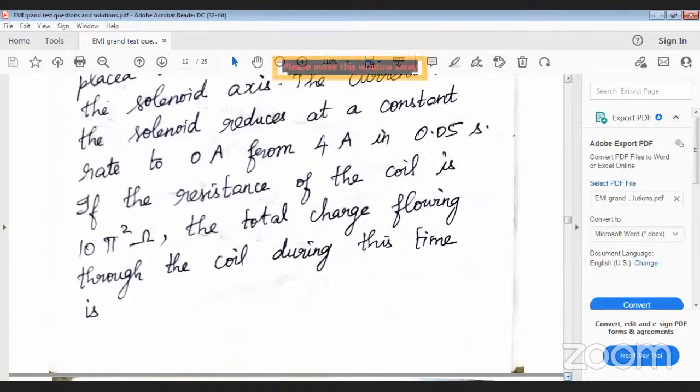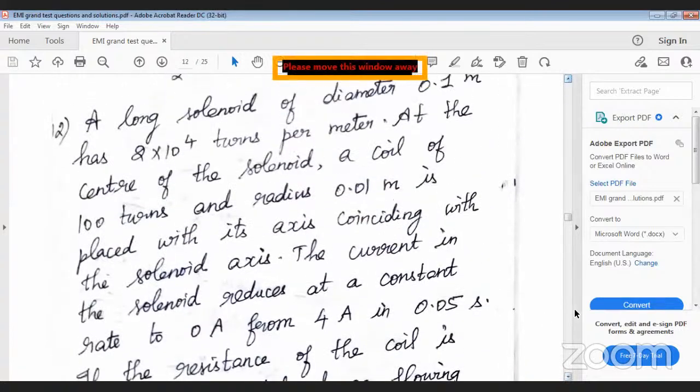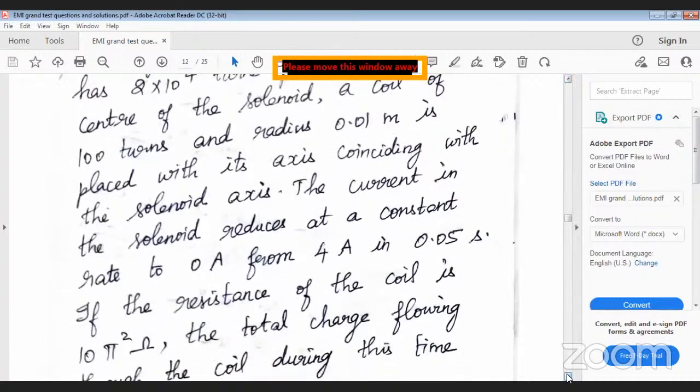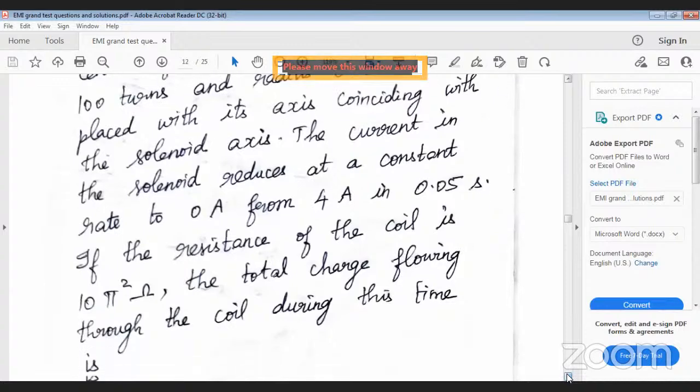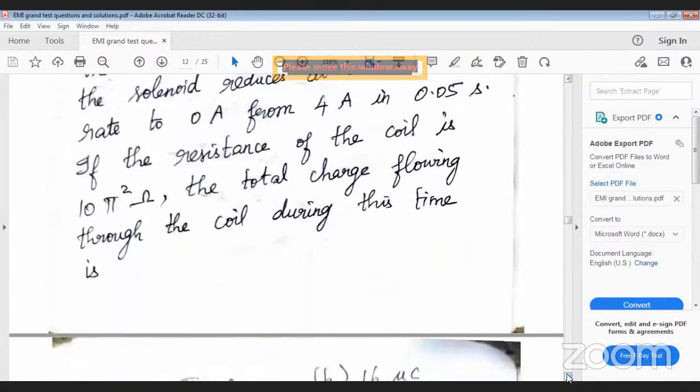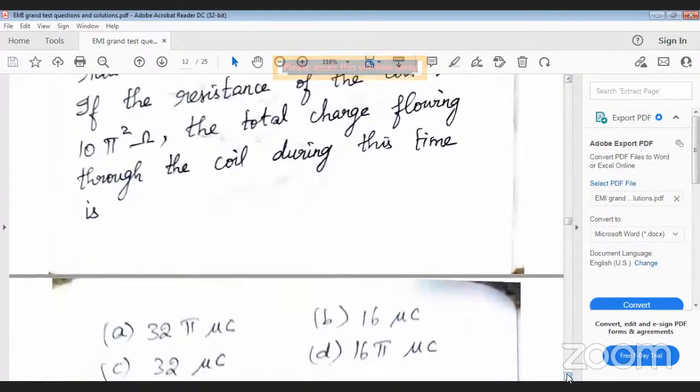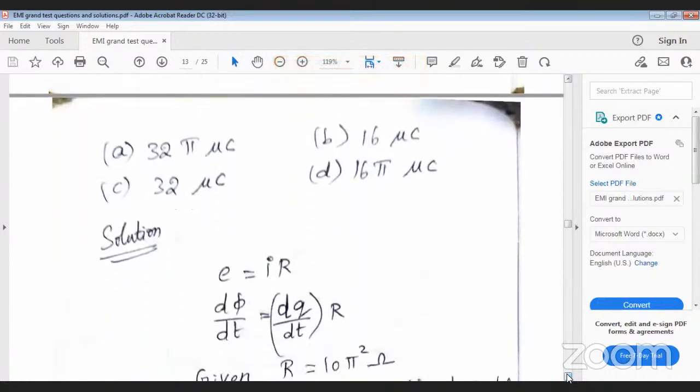So you have a solenoid coil, and inside it you have a circular coil. When the current flowing through the solenoid changes, it gives a changing magnetic field, and since the coil inside is placed in the magnetic field of the solenoid, it will have some EMF. Based on these concepts, we need to solve this problem.